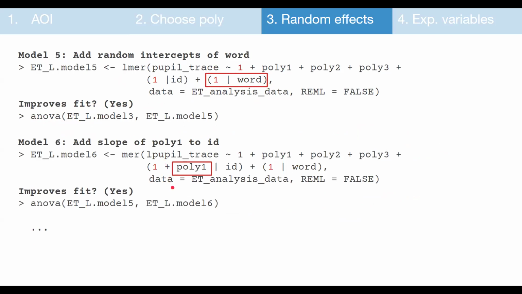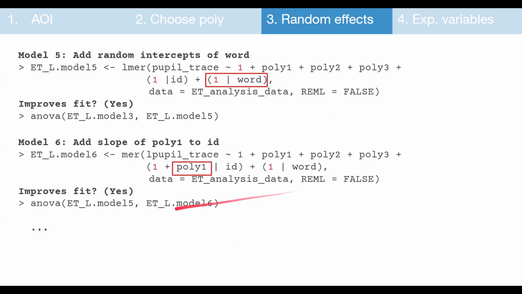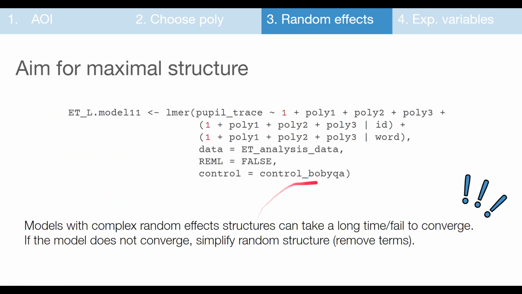We will do the same, but now adding the random slopes, and I'm not going to go through this whole procedure, but basically we'll add one by one each of these terms and see if they improve fit or not. And what we see in this case is that all models converge and they all improve fit. So basically we keep this maximal structure for our following models.